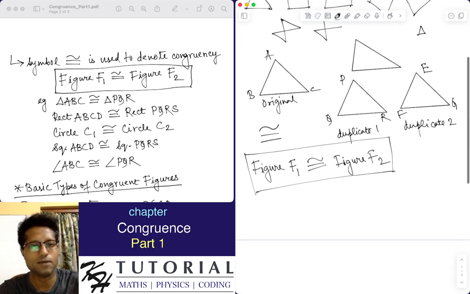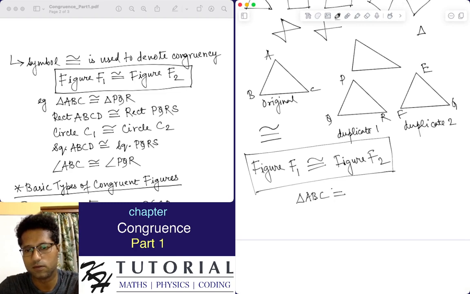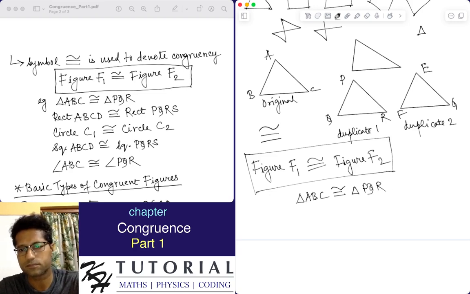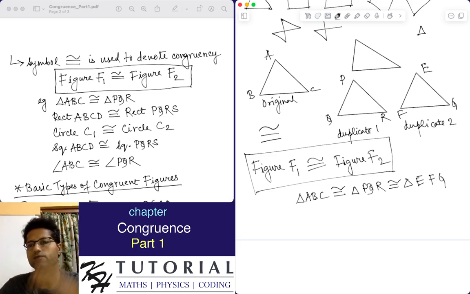In the example, using this format we can say triangle ABC is congruent to triangle PQR, which is also congruent to triangle EFG, because triangle PQR and EFG are duplicate copies of the original triangle ABC. So this is how we use the symbol of congruency.